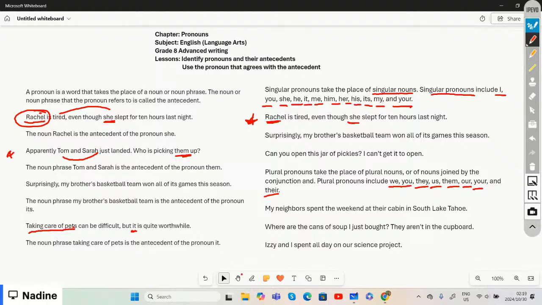And if we look at examples of plural pronouns that take the place of plural nouns or of nouns joined by the conjunction and, we can say: My neighbors, which refers to more than one neighbor, spent the weekend at their cabin in South Lake Tahoe.